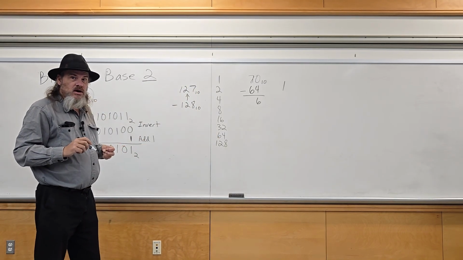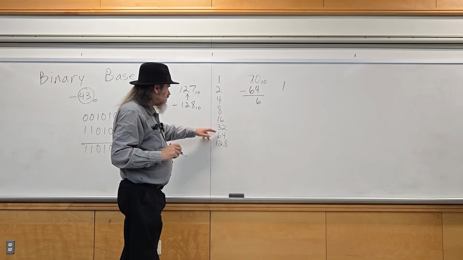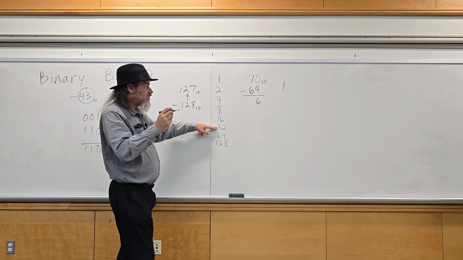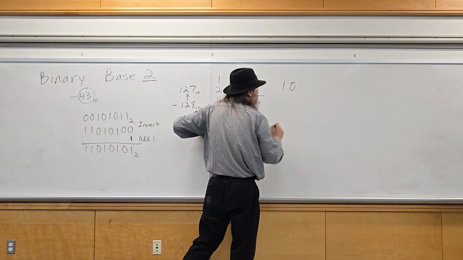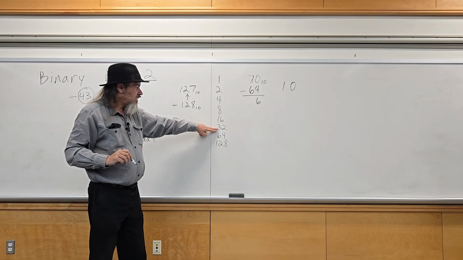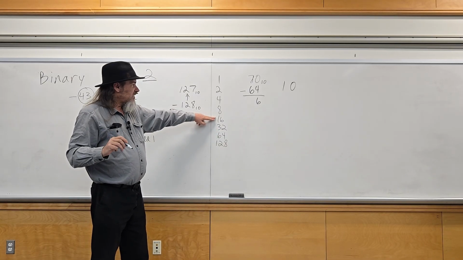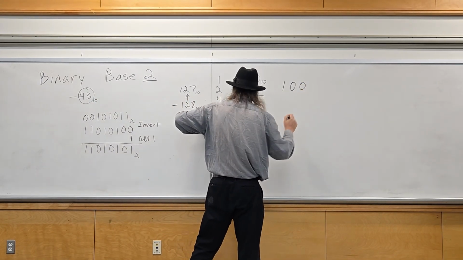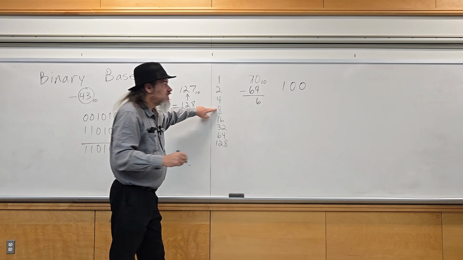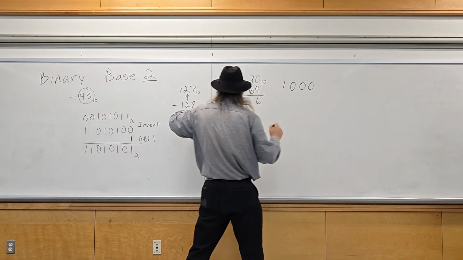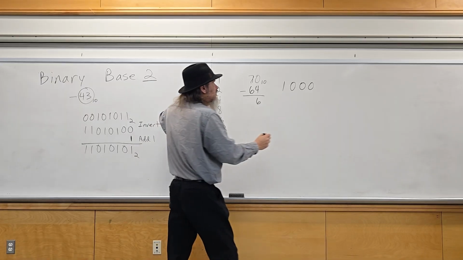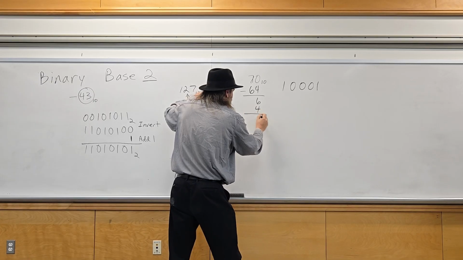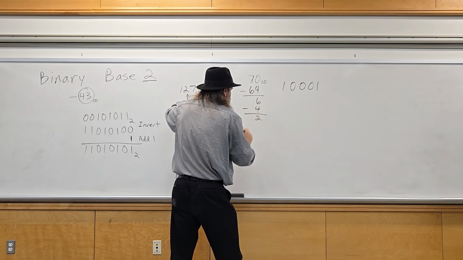Okay? Can you pull 32 from 6? No. So you put a 0 in the 32's position. Oh, you just start going down the line? Yep. 16s? No, so another 0. 8s? Another 0. 4? Yeah. So it's a 1. 2? You subtract the 4 from the 6, you get 2.